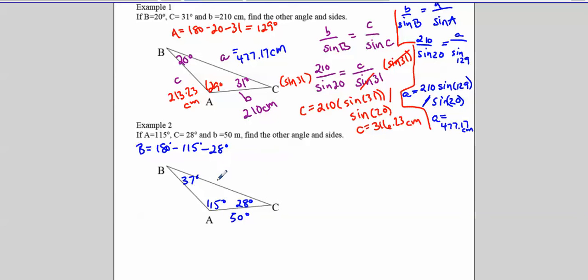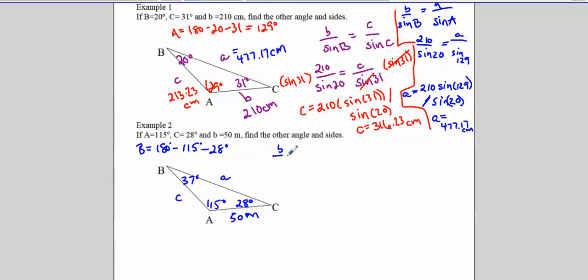And so now we still need to find side A and side C. So the matching information we have is side B, which is 50 meters, and angle B. So we're going to need to use that.